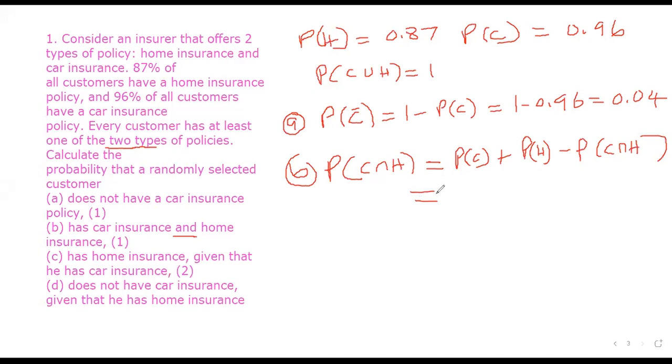What's the probability of C? We're given 0.96. What's the probability of H? 0.87. And the union of C and H is what? 1. So quickly, what do we get? When we add 0.96 plus 0.87 minus 1, what do we get?